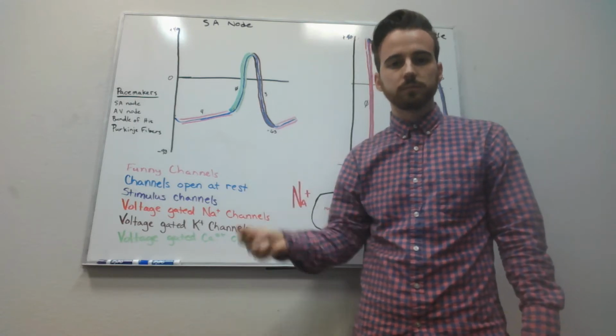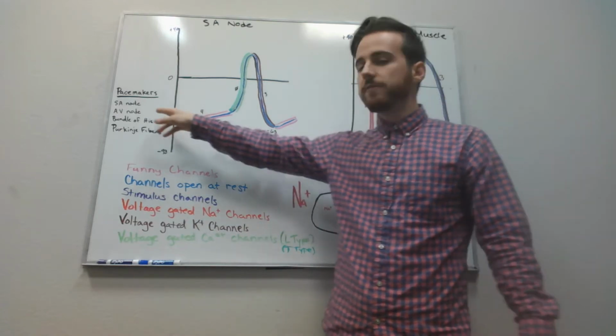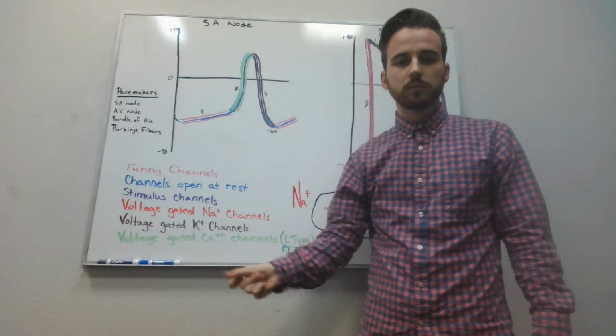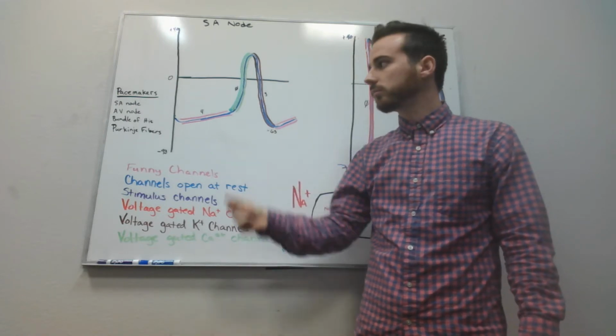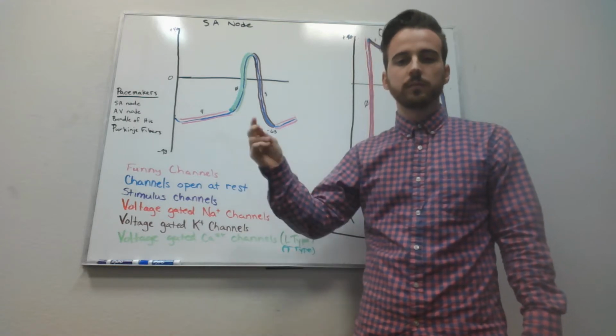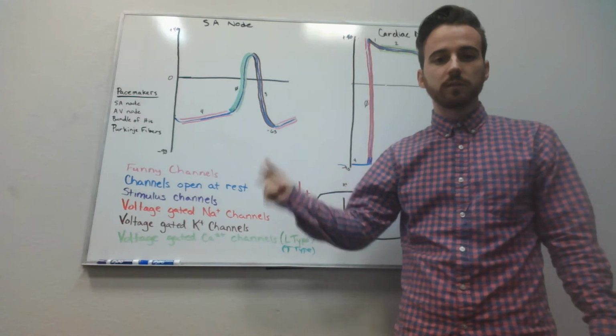The AV node gets there between 40 and 60 times a minute, so it's a little slower. Bundle of His about 40 times a minute. And our Purkinje fibers about 15 times a minute.